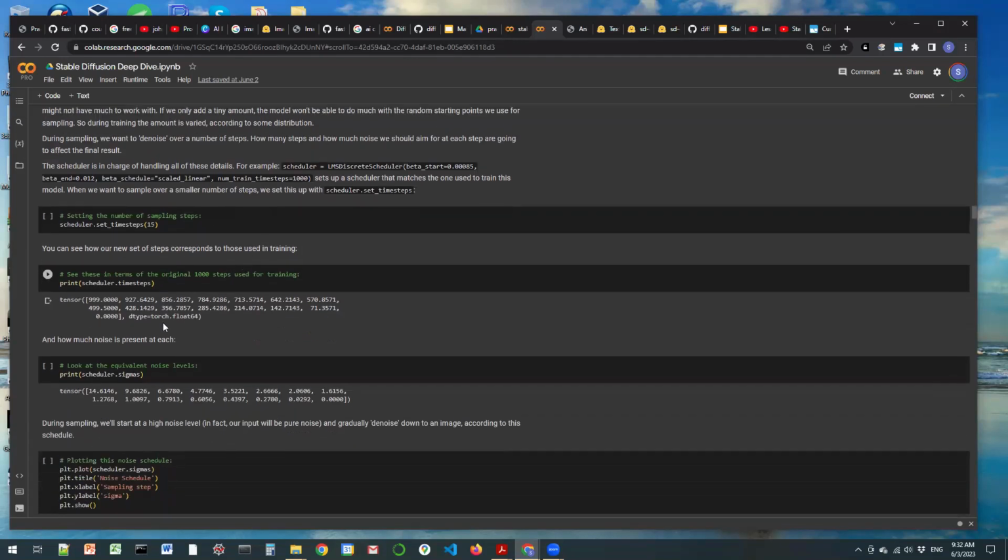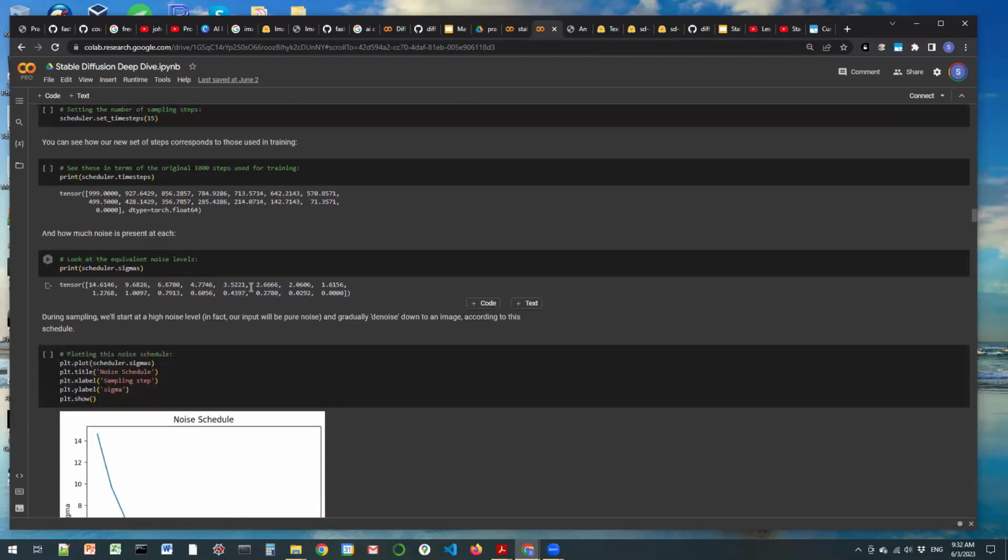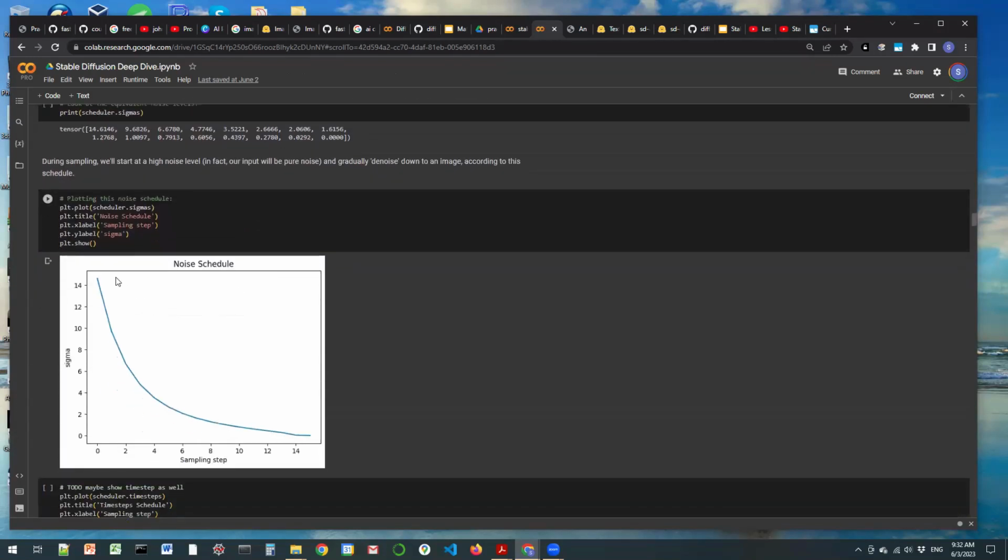And then you can see the prediction of noise. Now, you can see here that he has it plotted, I should say, in the way that we use it in inference. That is, as we start off, there's a lot of noise. And then as we go through the inference process, the noise that needs to be predicted is smaller and smaller.